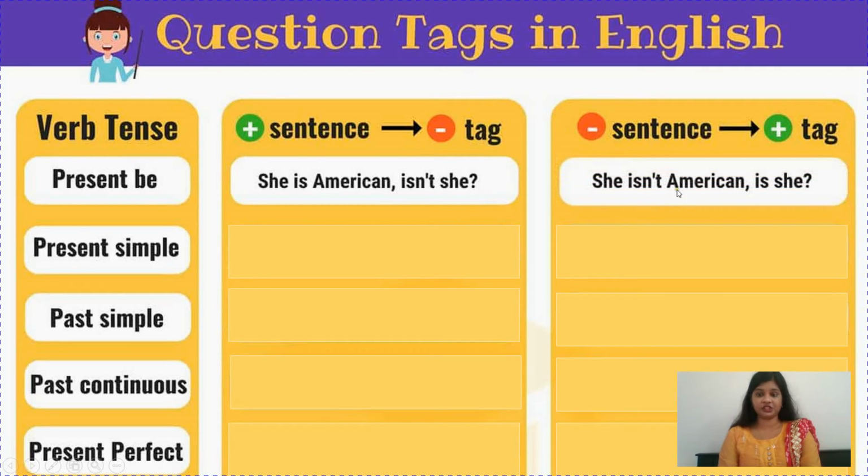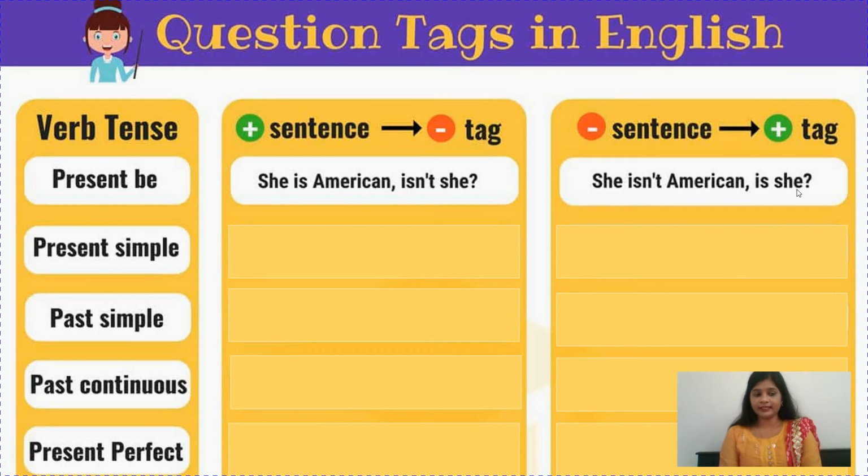Fine. Or you can write she isn't American. And see children, it is a negative sentence, so we will not write isn't, we will write only is. And the sentence starts with she, so we will use the same pronoun. So we will write here is she, and then question mark. Don't forget to give a question mark in these kinds of sentences because we are asking a question.